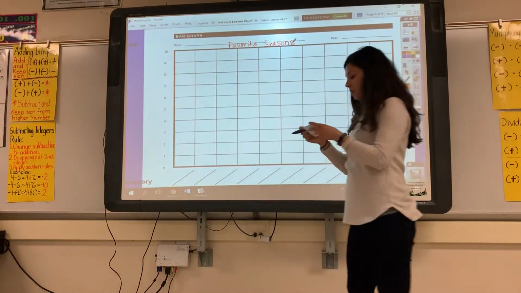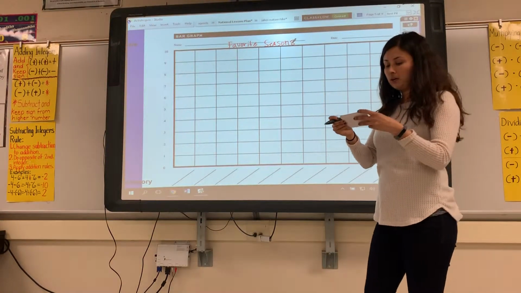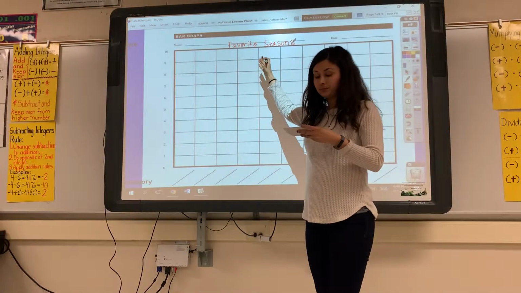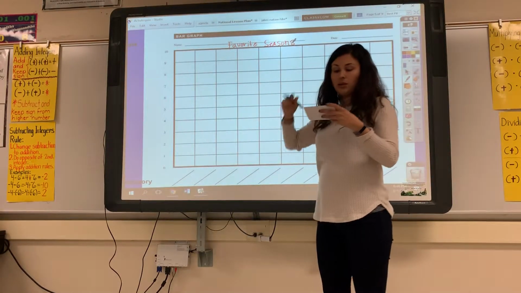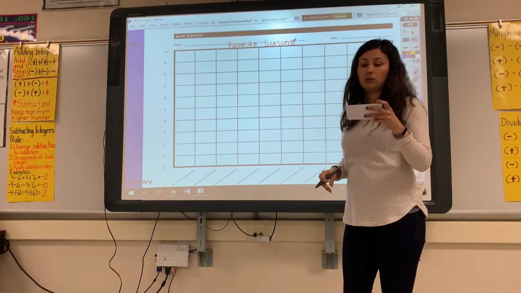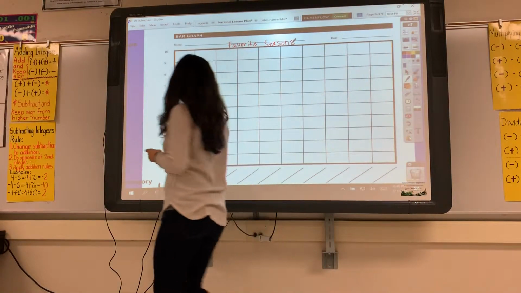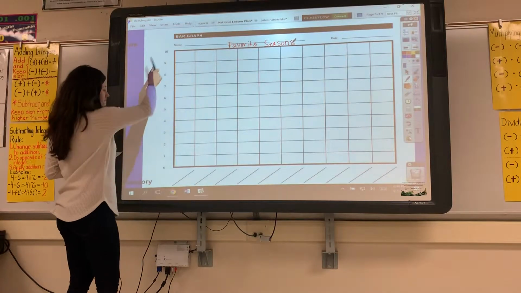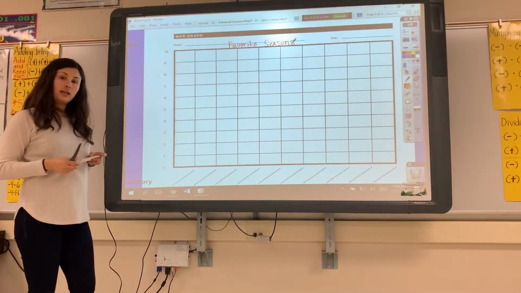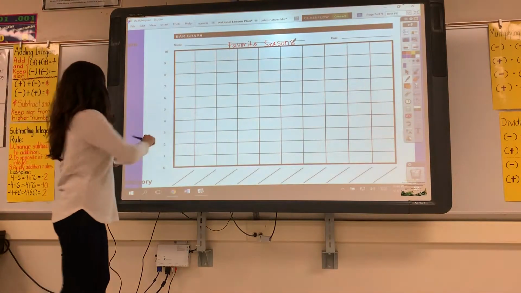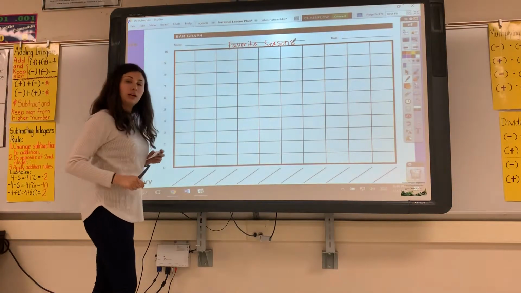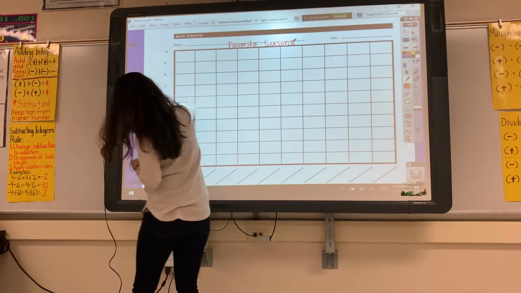Good. So now that we included our title, we also need a scale label. And here we go. We have our scale label right here. We have our numbers, okay? So this is, we're going to write number of students, okay?